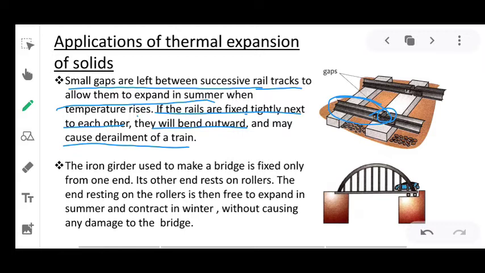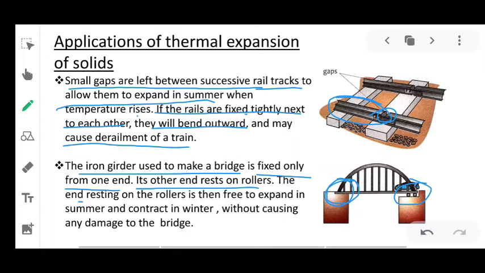Next application. The iron girder used to make a bridge is fixed only at one end. As you can see in the picture, one end of the iron girder is fixed here, and its other end rests on rollers.